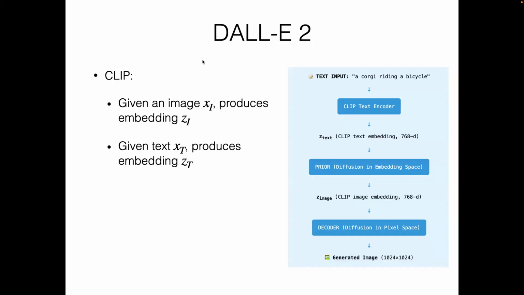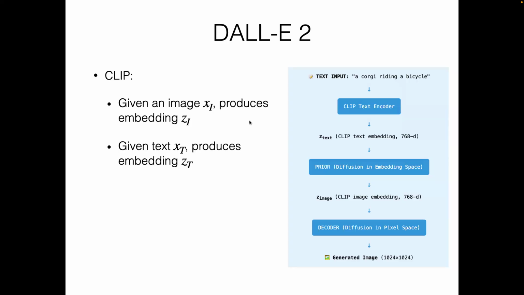So first of all, you assume that you start off with CLIP. If you remember from last lecture, CLIP can basically give you two different things. You have this image encoder and you have this text encoder. The image encoder takes in some image and gives you some image embedding, and the text encoder takes in some text and gives you some text embedding.